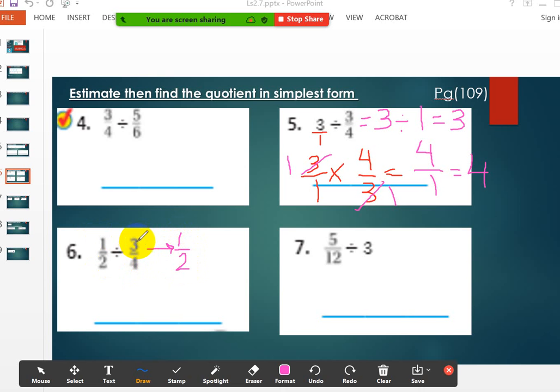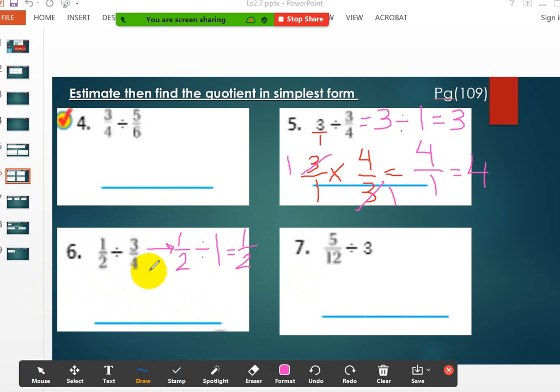Also, the difference between numerator and denominator is 1. That means this fraction will round into 1. If you divide any number by 1, the answer will be the same number, right? So the estimate will be 1 over 2.